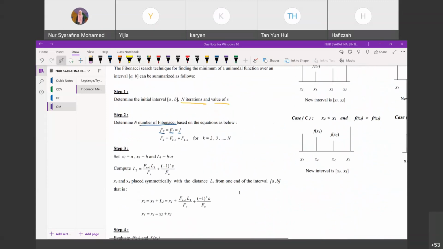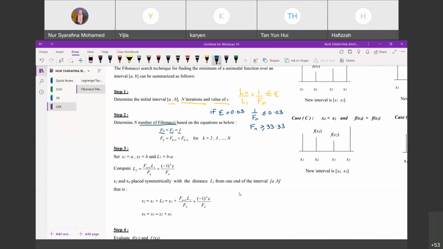First, determine the initial interval. This one usually is given. And then the value of epsilon is given. Then you can find the number of iterations, where Ln over L1 equals 1 over Fn, less than epsilon. So this is how you obtain the Fn. If epsilon is given as 0.03, then 1 over Fn less than 0.03, so Fn greater than 33.33.